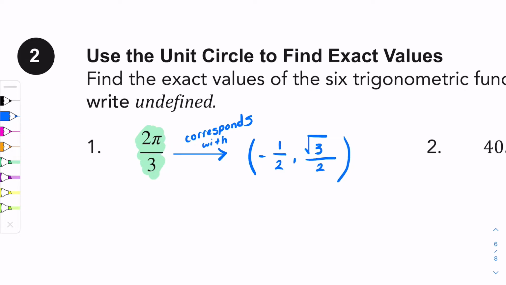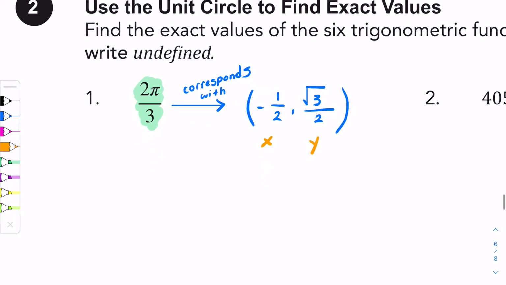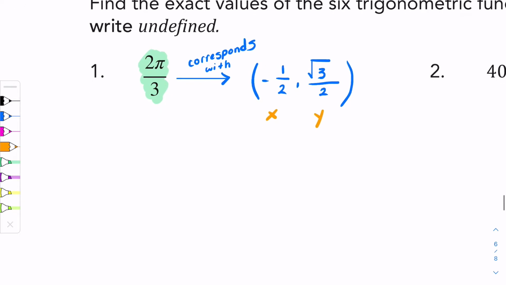Recall that when you have your ordered pair, this is your x value and that is your y value. So first number is x, second number is y. Also recall that your x value is always your cosine value and your y value is your sine value.